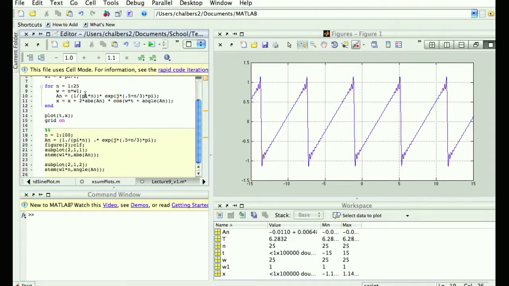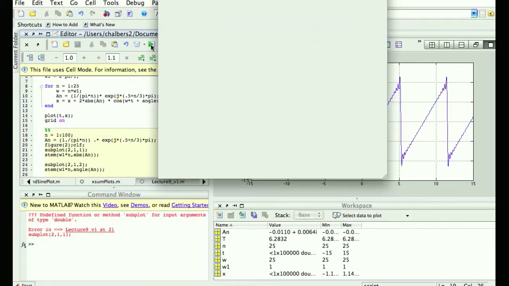What I'm doing here, n has 100 points, a sub n has 100 points. So it's essentially giving me 100 values of a sub n corresponding to the respective values of n. So a sub n will have 100 numbers. The first number will correspond to a sub 1. The second number will correspond to a sub 2, and so on.